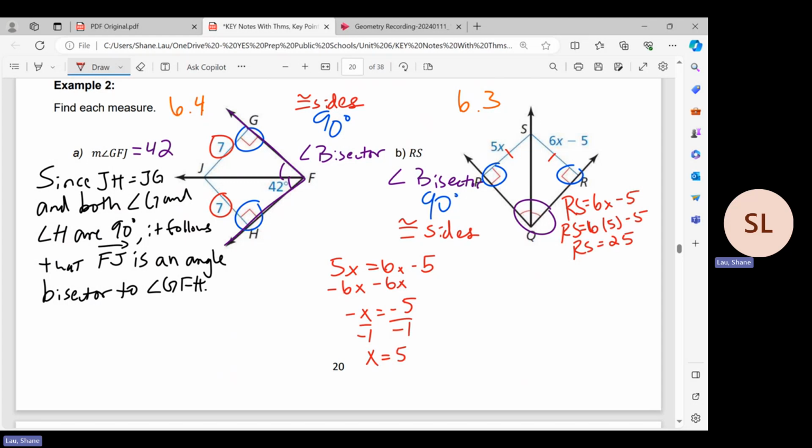We recognize that 6x minus 5 is, although it doesn't seem like it, technically more difficult than just PS, which is 5x. Recognize that they are both the exact same, and because they're the exact same, we could have just done 5x. 5 times 5 is still 25. Could have done it like that. And that's that answer.